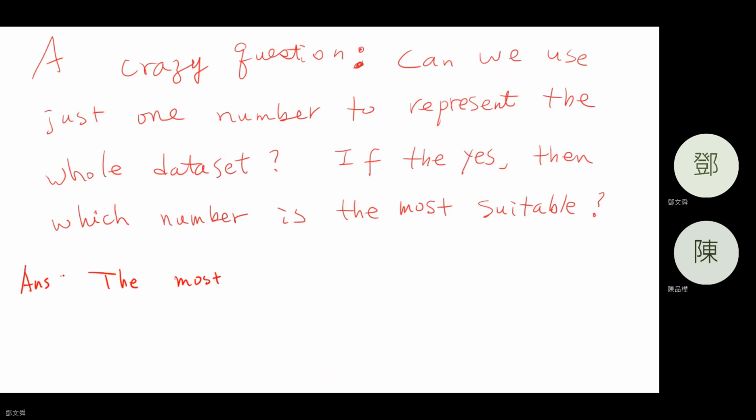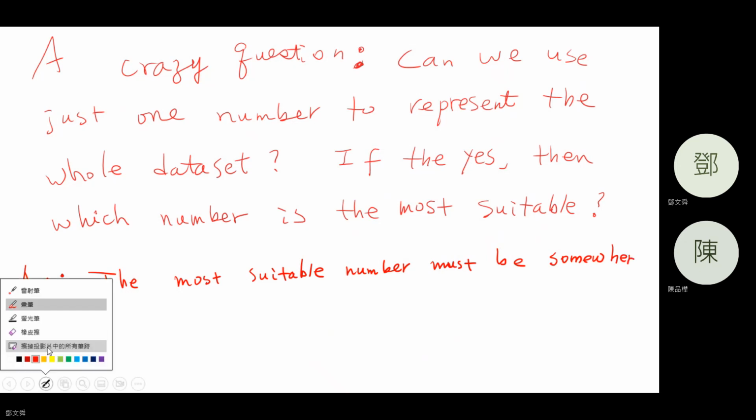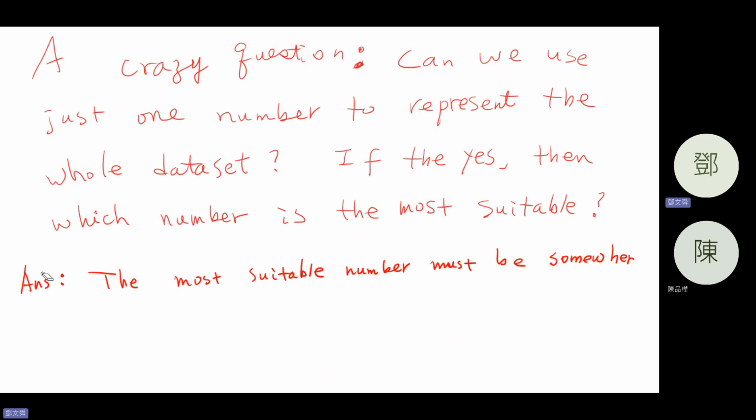The most suitable number must be somewhere in the central location.